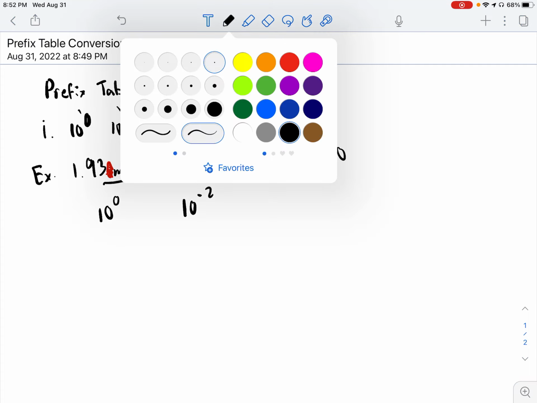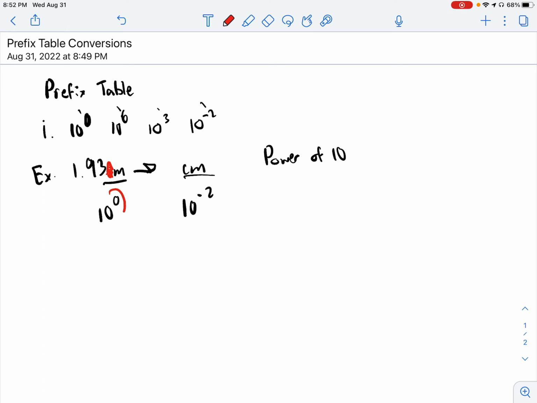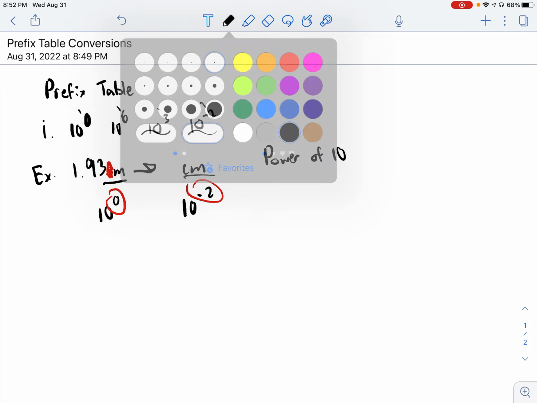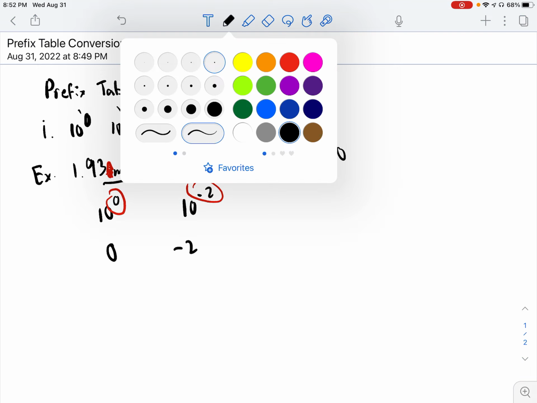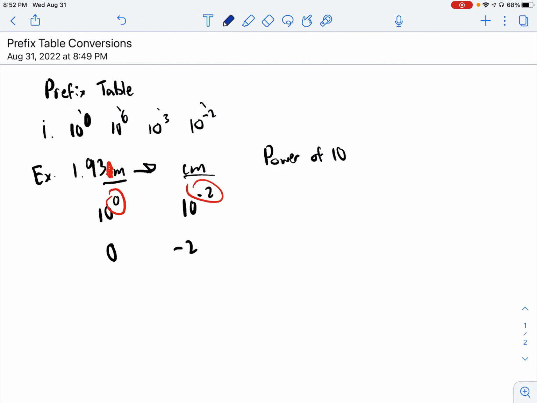Look at your 10 to the 0 and 10 to the negative 2. Determine what's bigger, 0 or negative 2. I'm not asking for rocket science here. 0 is a bigger number than negative 2, right?